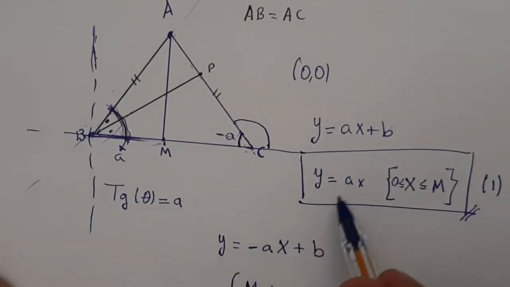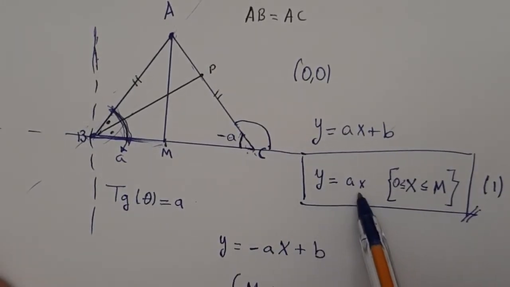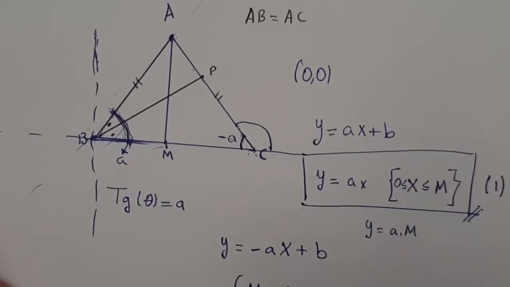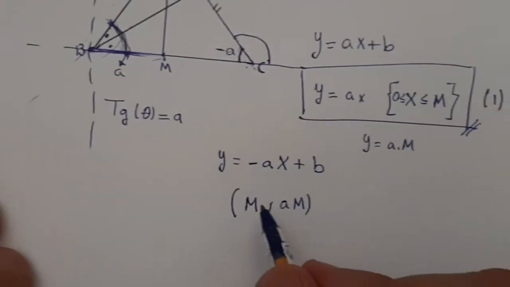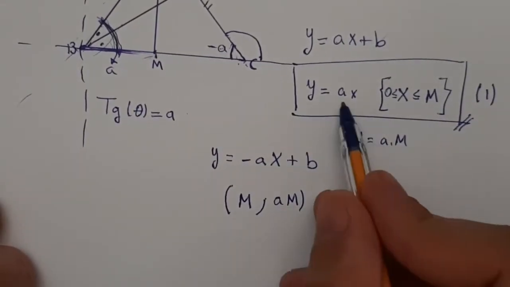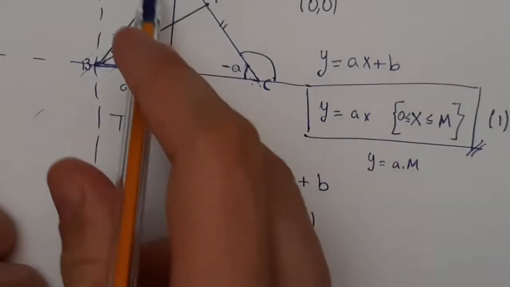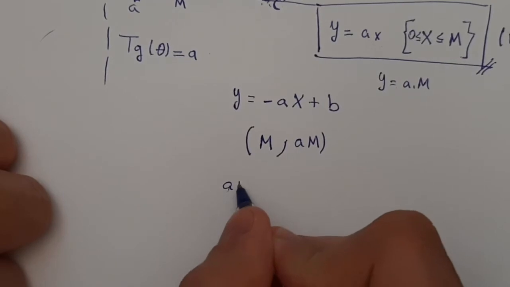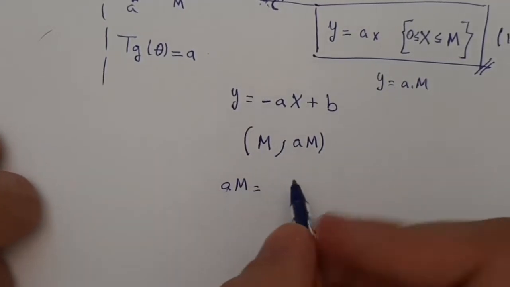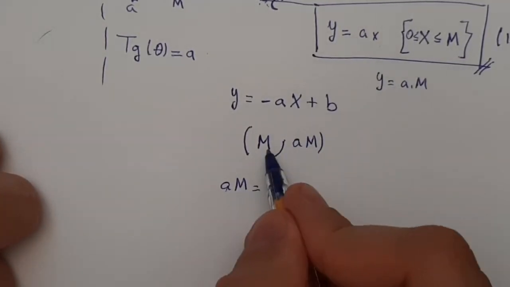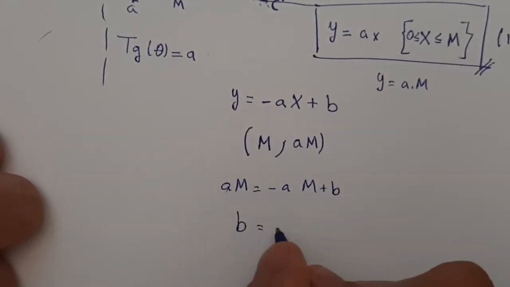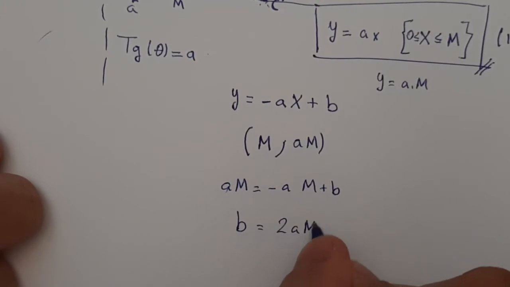As x is m, you'll have that y is equal to a multiplied by m. So here it is am, because y equals a multiplied by x, and your x is m, and this point is part of both of them. So a multiplied by m is equal to minus a multiplied by x, but x is m, plus b. So our b is equal to 2am.